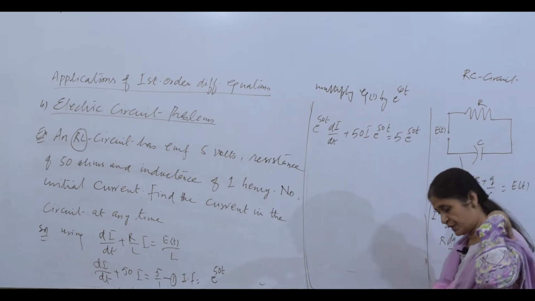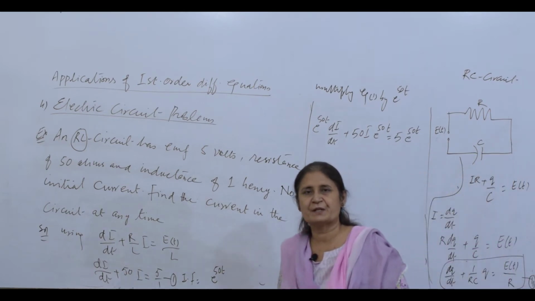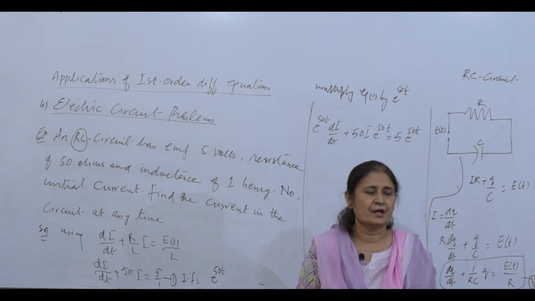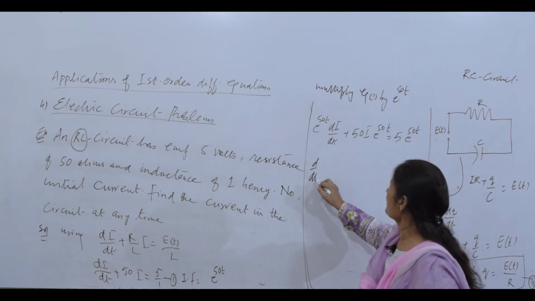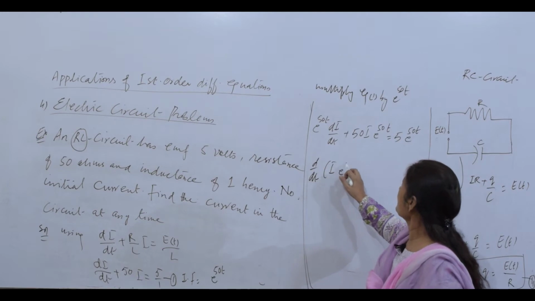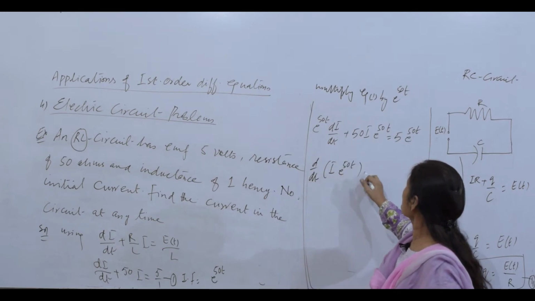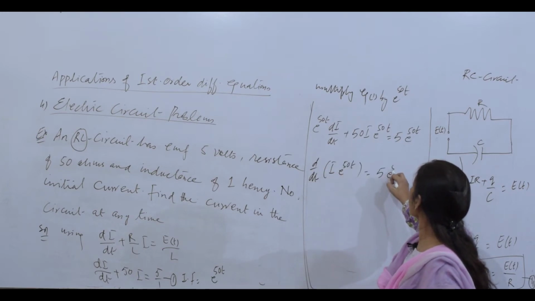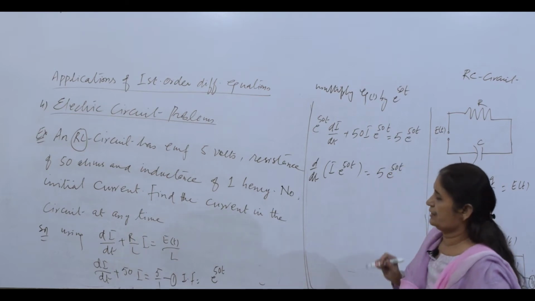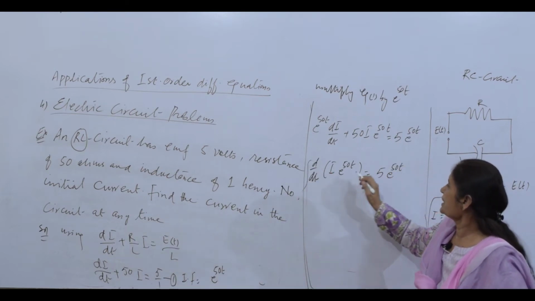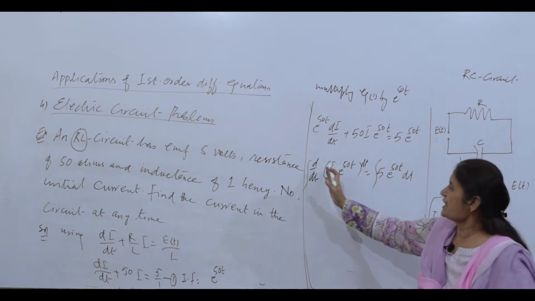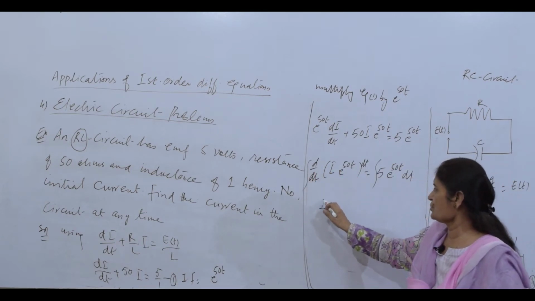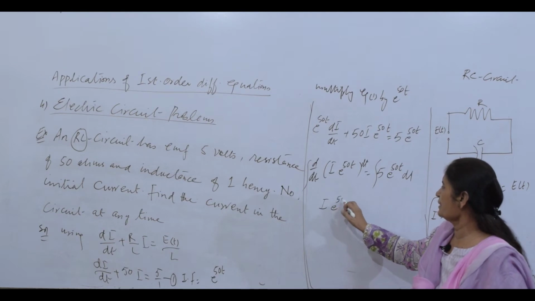If you are solving a linear differential equation, once you multiply with the integrating factor, the left-hand side of the equation is the derivative of a product. This is i e^(50t) is equal to 5 e^(50t). Integrating both sides with respect to time, the derivative and integral cancel because they are reciprocal of one another.